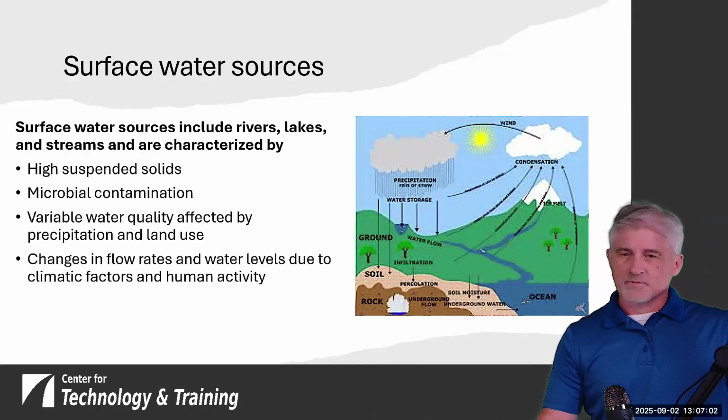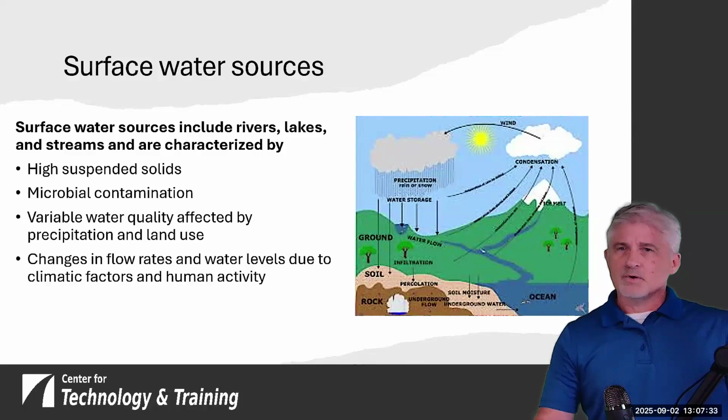You look at lakes and rivers, quite often we see microbial contamination in those, and most groundwater sources typically don't have that due to the filtration that soils typically provide for the groundwater, and it's usually not a very good environment for microbes to exist in groundwater.